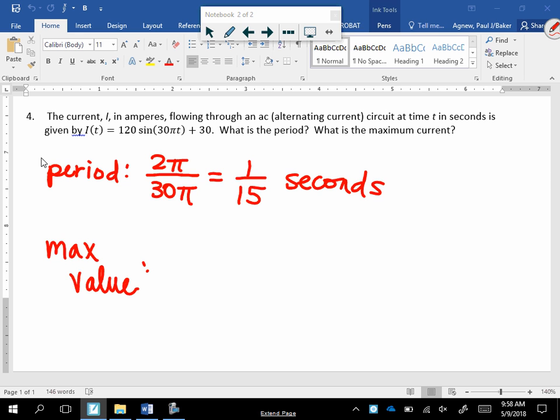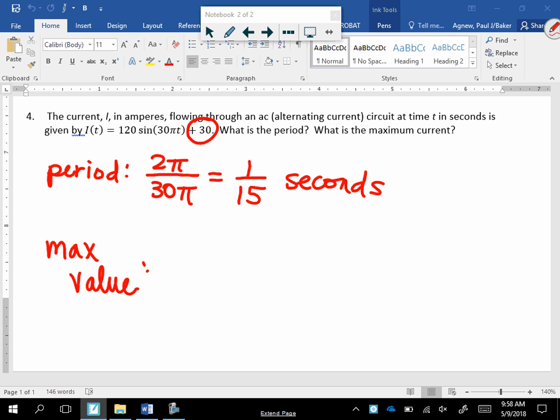Not 90, but you're on the right track. 120. Why'd you say 120? That's the amplitude, right? And the graph would go up to 120 and down to -120. Except, what does that tell you to do?